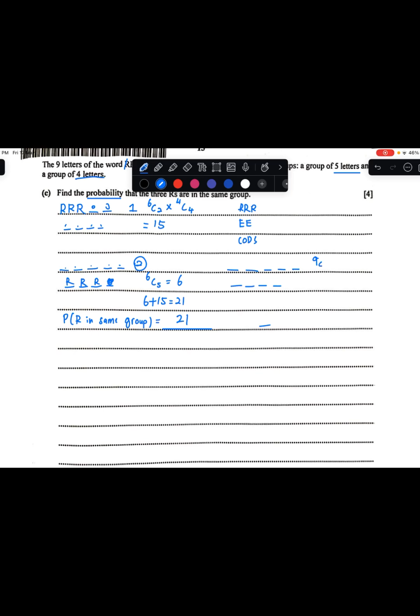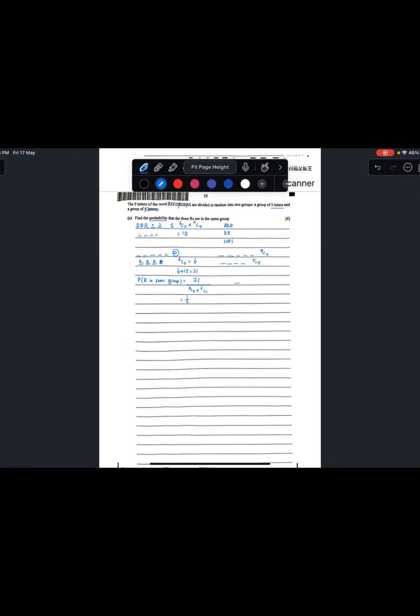So 9C4 times 5C5. 21 over 9C4 times 5C5. Then the answer for this question is 1/6, and that's it for the paper.